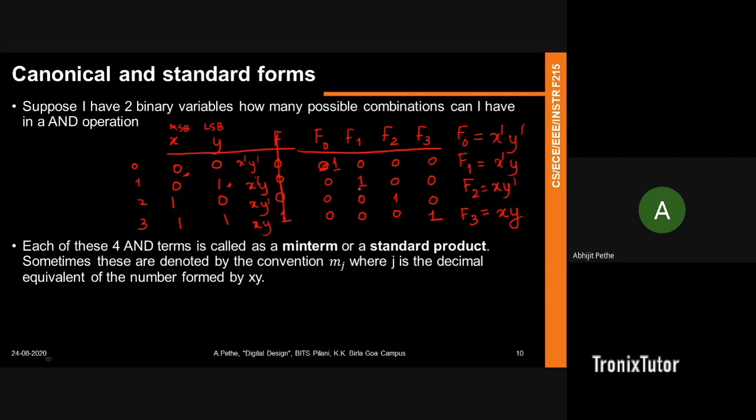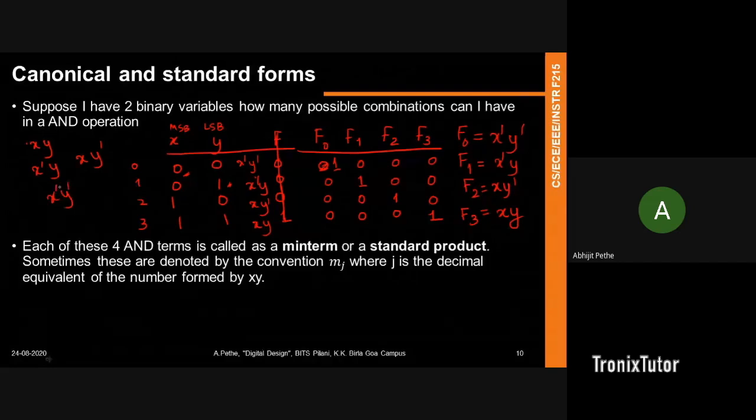So what I've done is I have these four terms, which are nothing but x prime y prime, x prime y, x y prime, and xy. These are the four AND combinations of these two binary variables, right? So for the two binary variables, I can either do AND of just x y or prime one and leave the other unprimed, right?